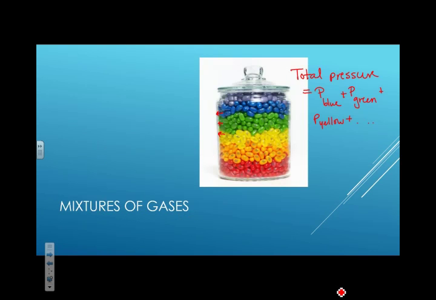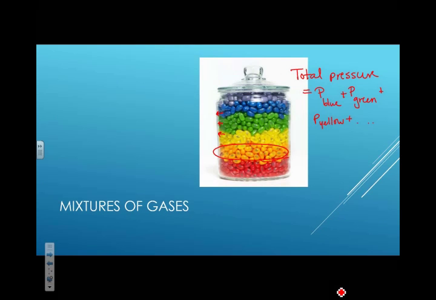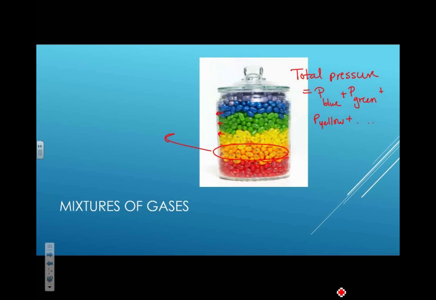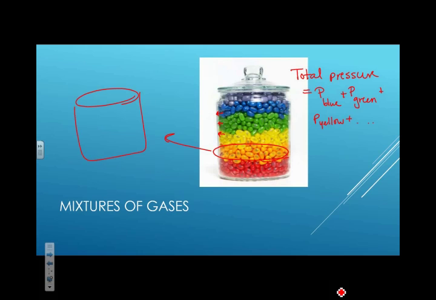So we could go back to our jelly beans and I could talk about the partial pressure of the orange jelly beans. Now, the partial pressure of the orange jelly beans is the same in this mixture as if I took all of those jelly beans out and put them in the same size container at the same volume and the same temperature.